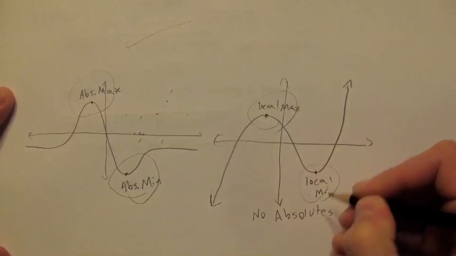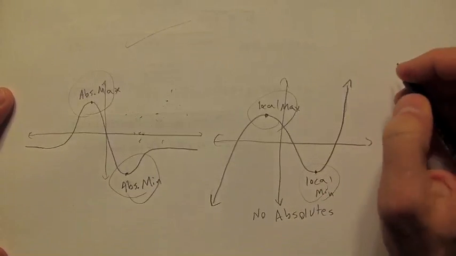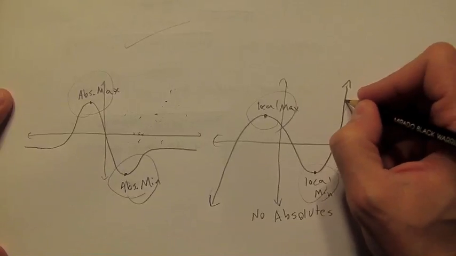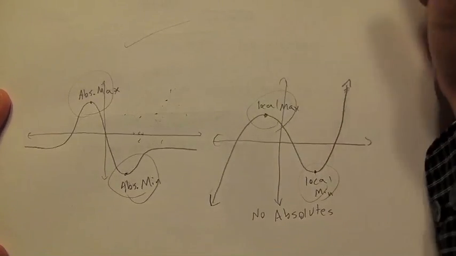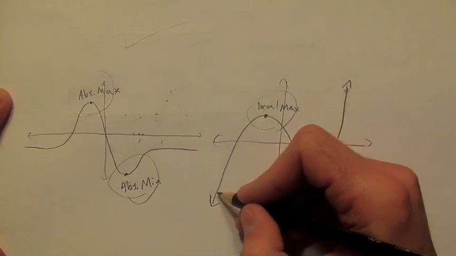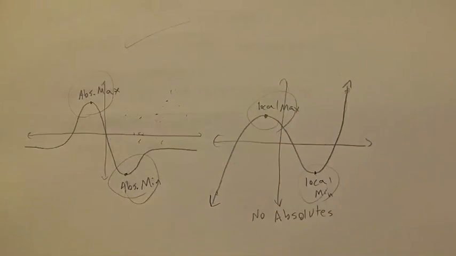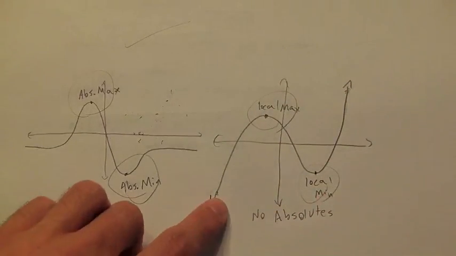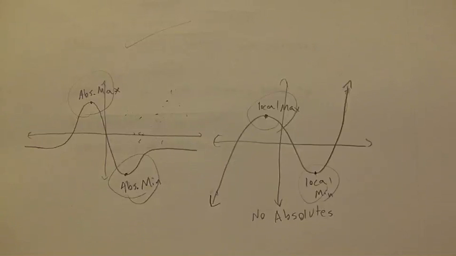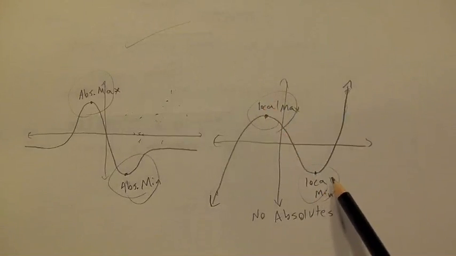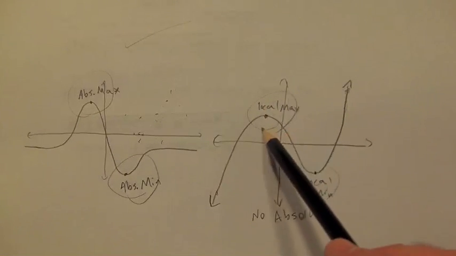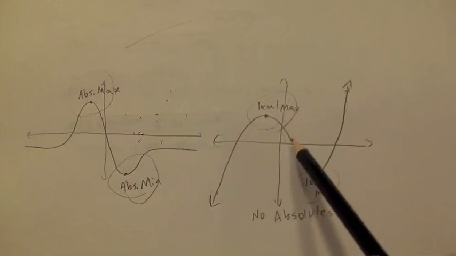And that's because, well, I keep going up to positive infinity, so if I actually stop and say, hey, this is the highest point, well, I have an infinite number of higher points up here, and the same down here. If I say that this is the lowest point overall, then I can say, well, I have an infinite number of points below. But I still have a local max here and a local min here, local max here, because this is the highest point locally.